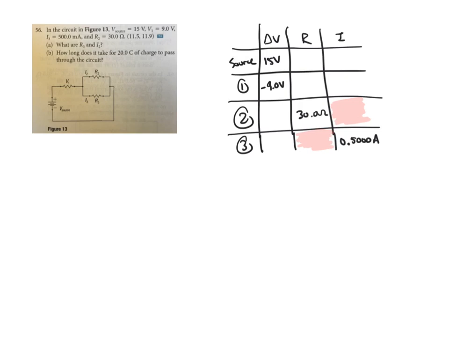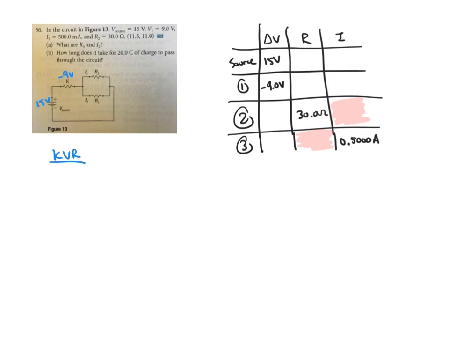All right, so how can I do this here? Well, it looks like I'm going to start with KVR. So I'm going to draw on the diagram here. Voltage at the source is 15 volts. Voltage at the first load is negative 9 volts. So I can use KVR actually.